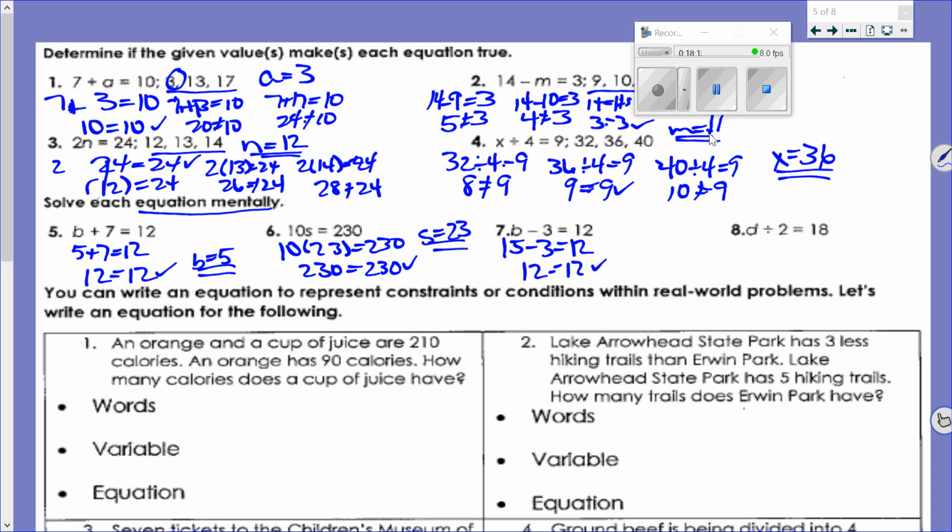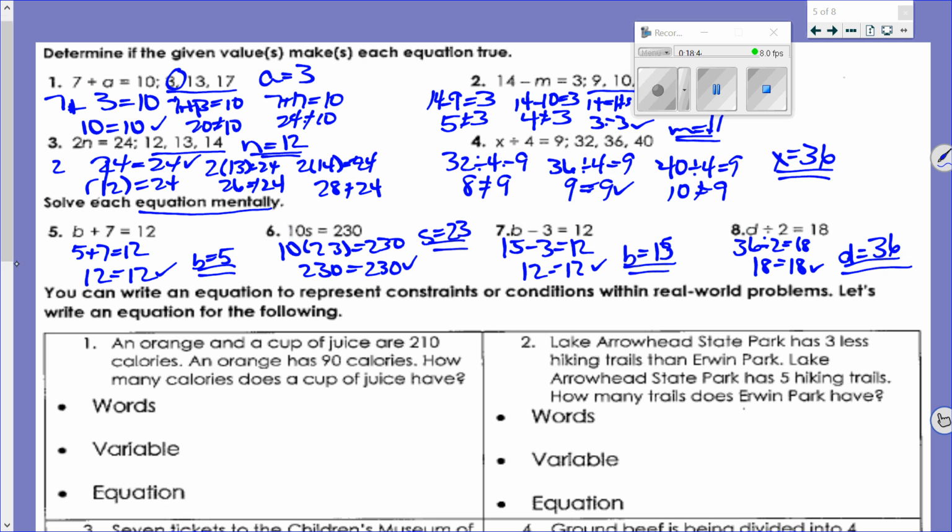Check. So B equals 15 is my solution. And, excuse me, 36 divided by 2 equals 18. 18 equals 18. Check. So my solution was D equals 36. Yes. 36 divided by 2 is 18.